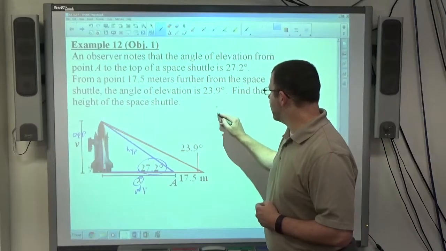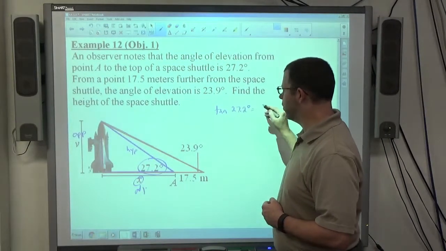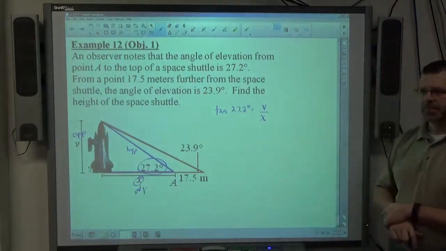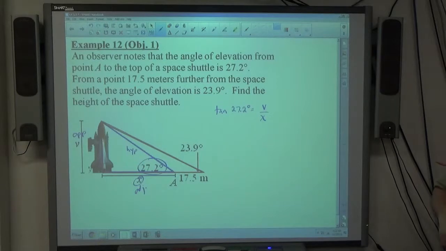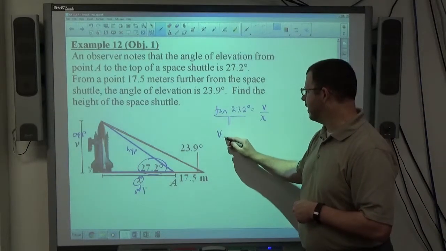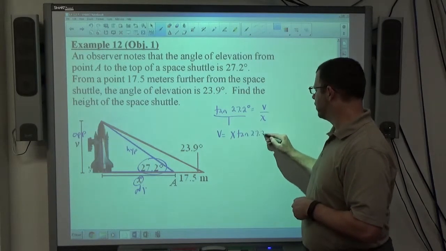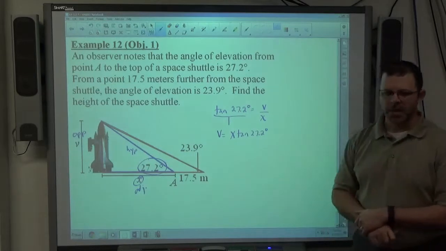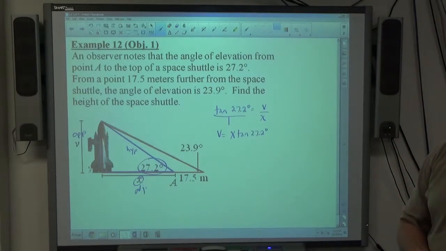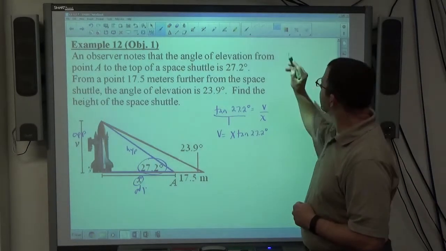So tangent of 27.2 degrees equals the opposite side V over the adjacent side X. A quick cross multiply gives V equals X times tangent of 27.2 degrees. You can evaluate tangent 27.2 anytime you want to. I'm just going to leave it like that for right now, but we're going to have to evaluate some stuff to do this.